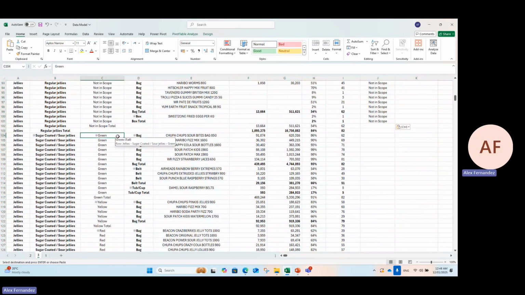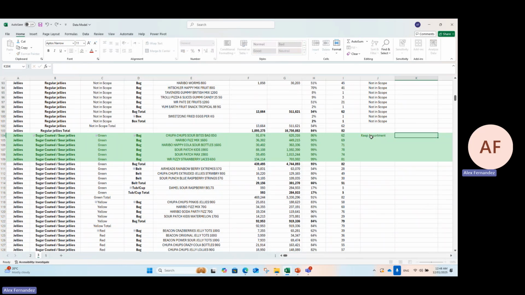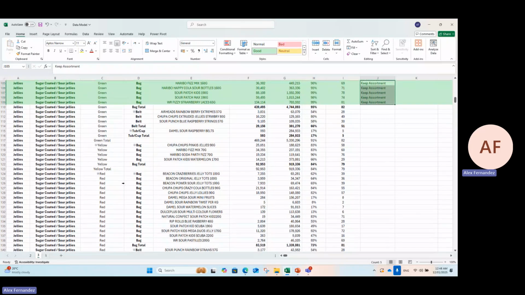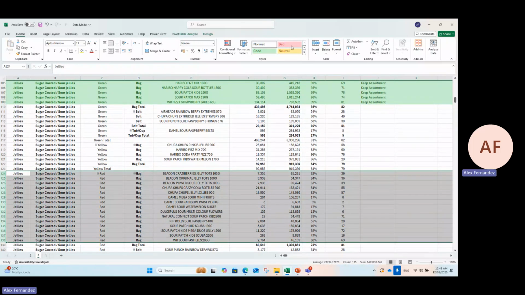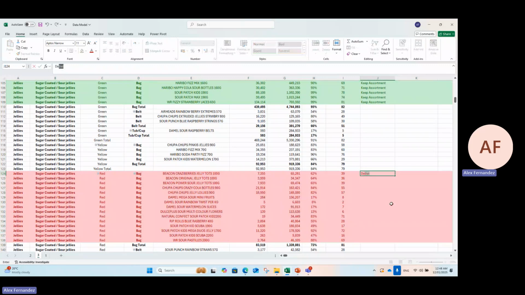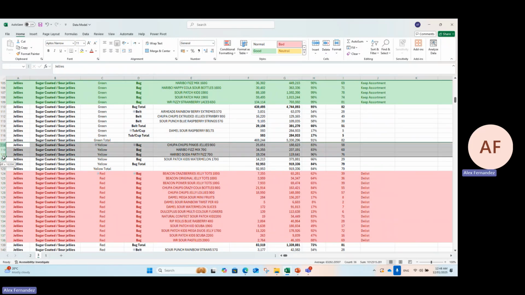Anything in green within the same bag format, keep it in the assortment. Anything in red, so the bag in red, is usually to be delisted, and anything in yellow to be discussed.